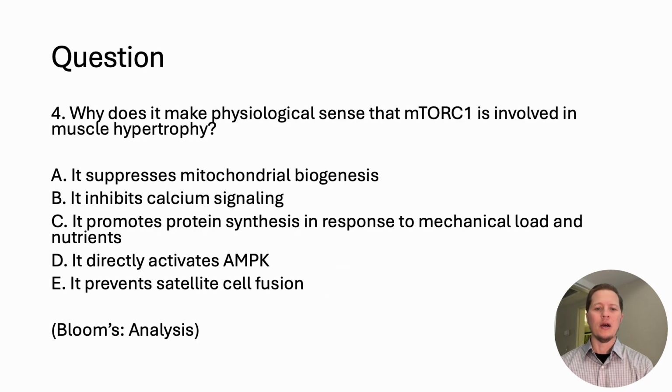Question 4. Why does it make physiological sense that mTOR1 is involved in muscle hypertrophy? Is it A, suppresses mitochondrial biogenesis, B, inhibits calcium signaling, C, promotes protein synthesis in response to mechanical load and nutrients, D, directly activates AMPK, or E, prevents satellite cell fusion?